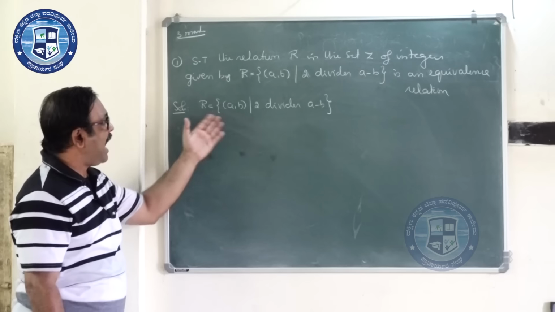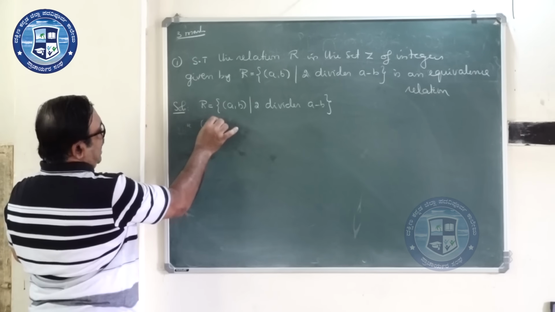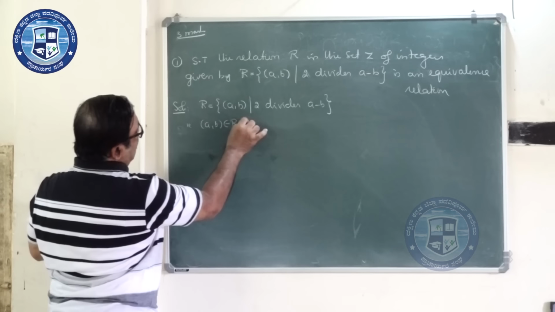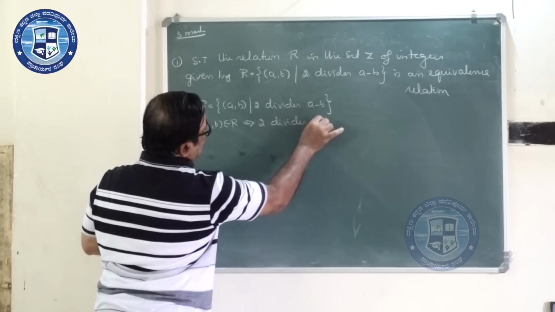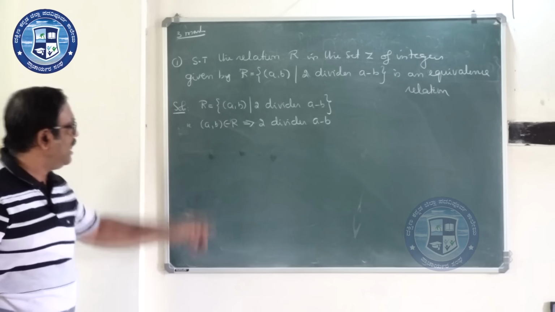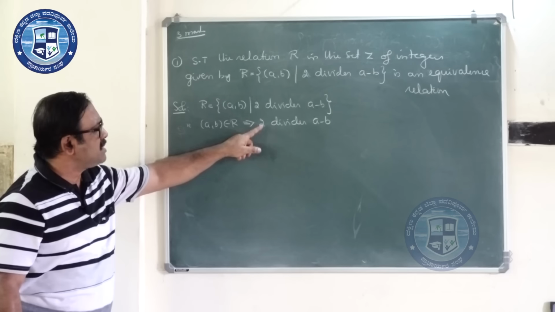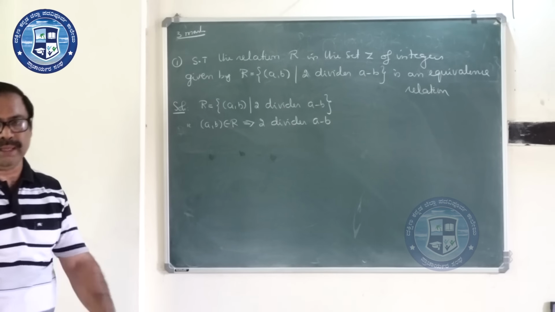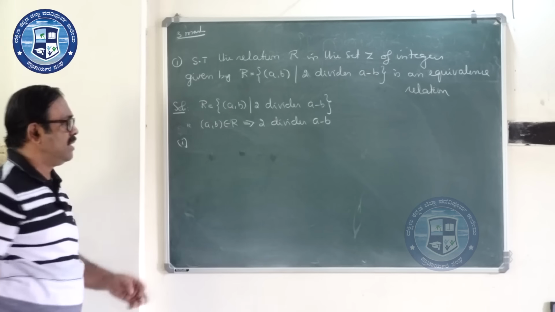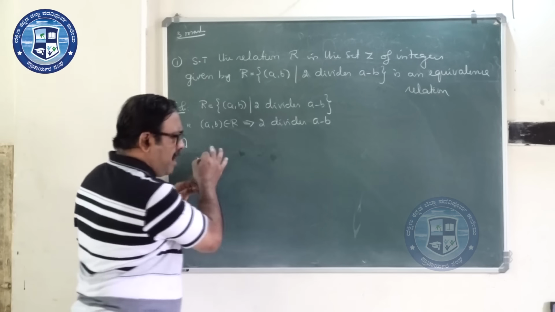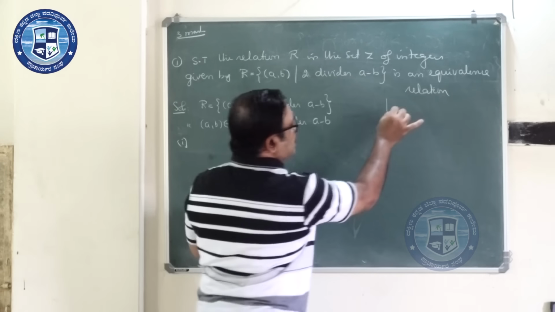Now, I will rewrite the same, that is, (A, B) belongs to R means 2 divides A minus B. Now, you have to verify. Okay, first, reflexive. If you are getting any confusion, on the side you write down what is reflexive.